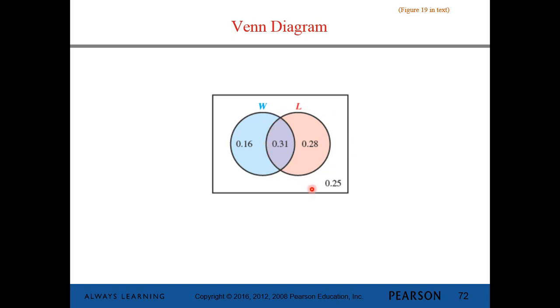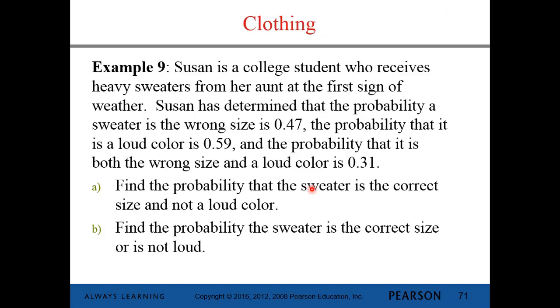So let's add those together. So 0.59 plus 0.61 is what? 1. Okay, now don't jump the gun, right? So the probability of a sweater is correct size or not loud.